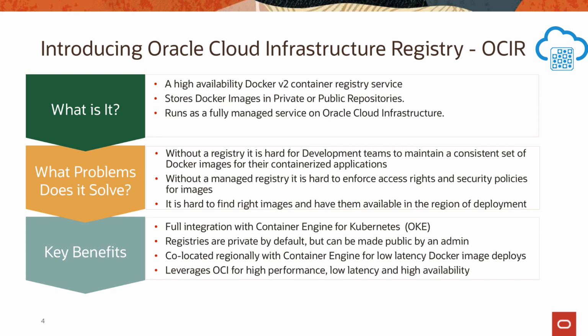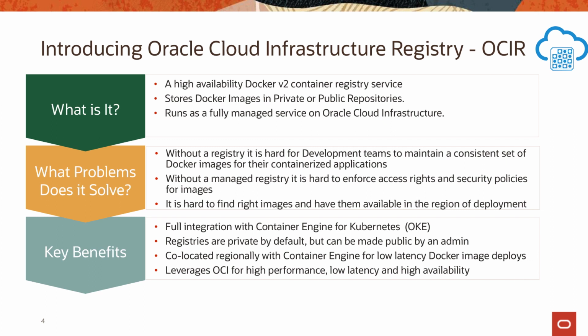So what are the problems that it's solving? Well, when development teams need to maintain a set of Dockerized images for their applications, it's very hard to do that without a managed registry service.